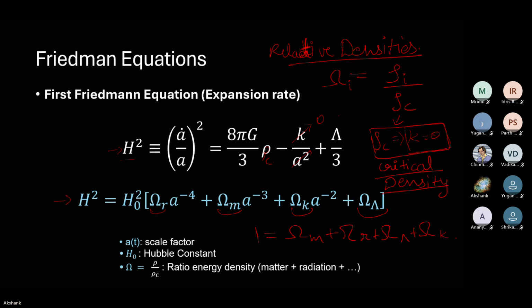Right? And so we are able to measure all these three things, and then we can infer what should be omega k. And what we have inferred is that this whole thing goes to 0. That means k is going to 0, space is flat, or space-time is flat.